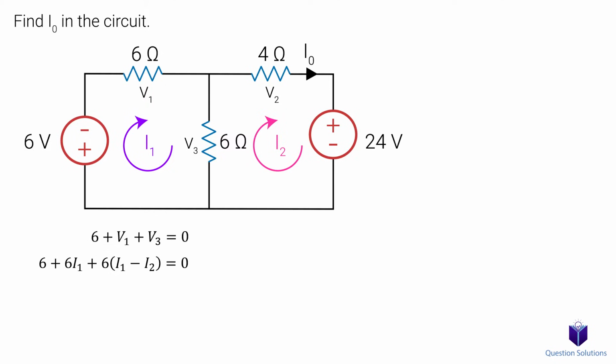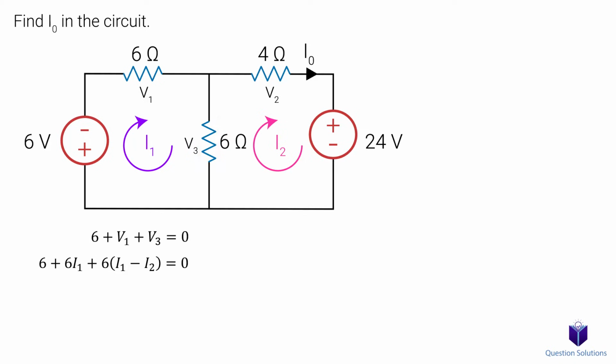For voltage 3, we have 2 mesh currents in the same branch. Keep in mind that we are writing our KVL for the mesh with current 1, so I1 is the boss. That means I1 is going to take precedence, and we see that while I1 goes down, I2 is opposing it, so I2 will get a negative sign.